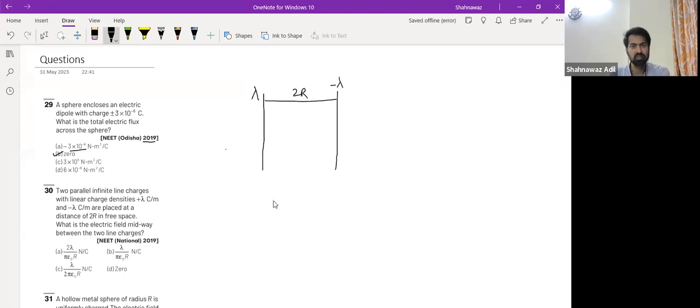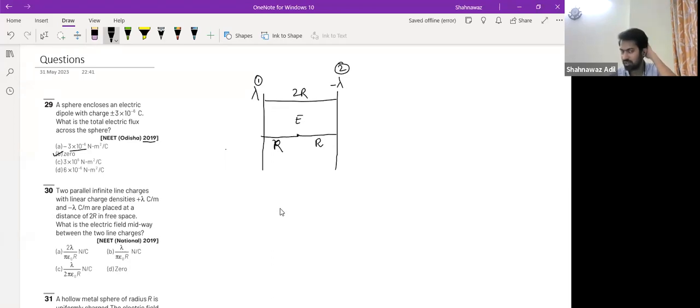They want us to calculate the electric field midway, so the electric field at this point. This is r and this is r. Let's say this is E1 and this is E2.